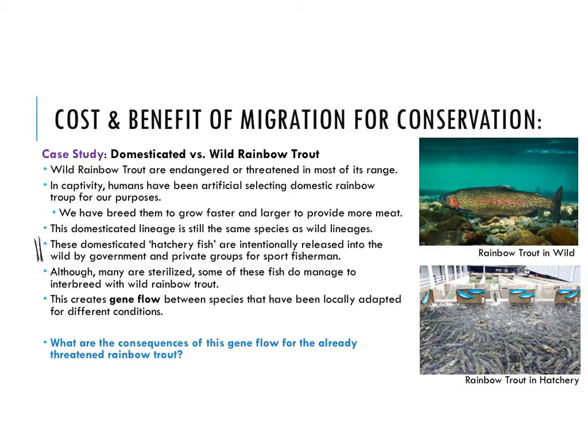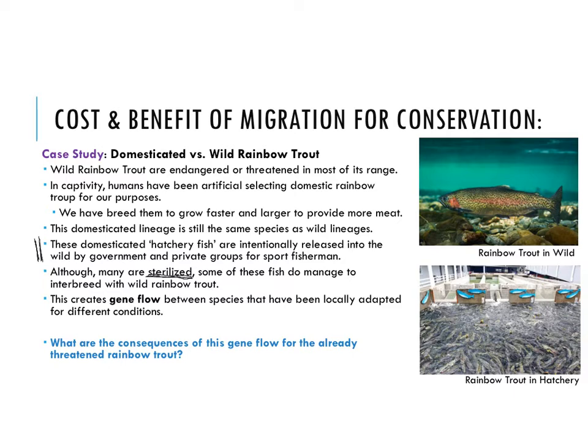They try to keep the hatchery fish from breeding with the non-hatchery fish. Many of the hatchery fish they attempt to sterilize before they release them, but not all attempted sterilization is successful, and so there is interbreeding happening with the wild rainbow trout.